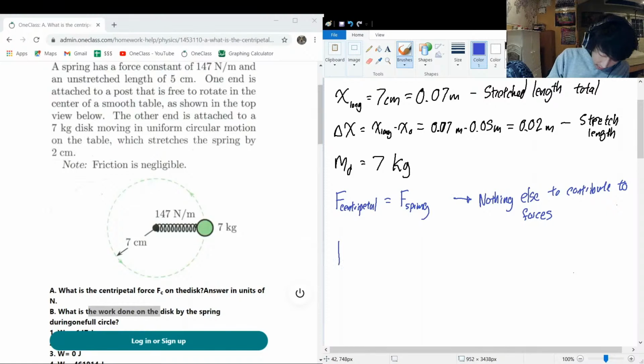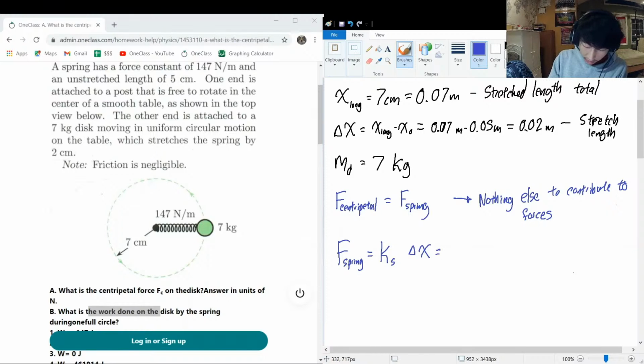So we know the spring force, F spring, is equal to Ks, the spring constant, multiplied by the change in length of the spring from its original length. So that's why we had to get the delta x value. Delta means the change in x.